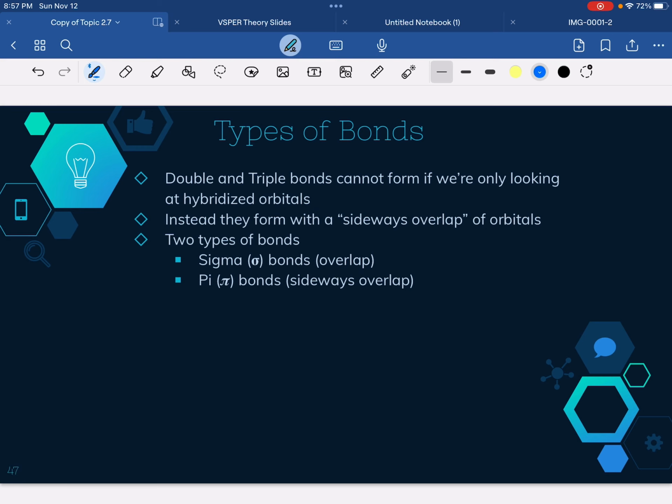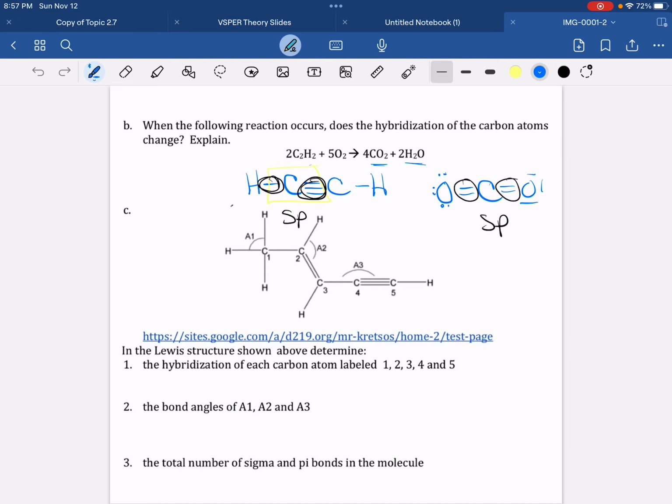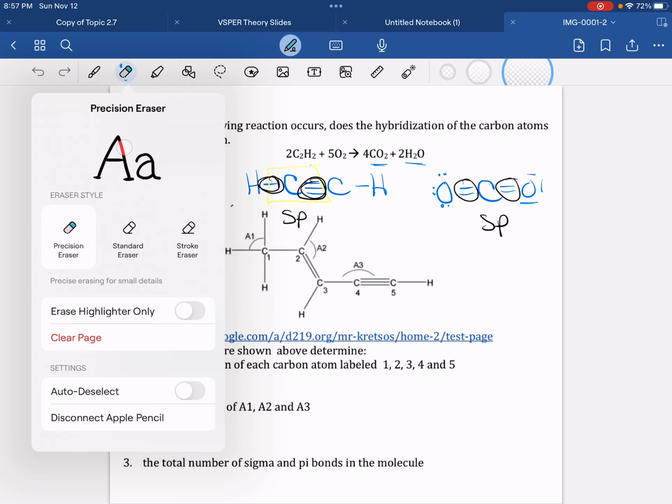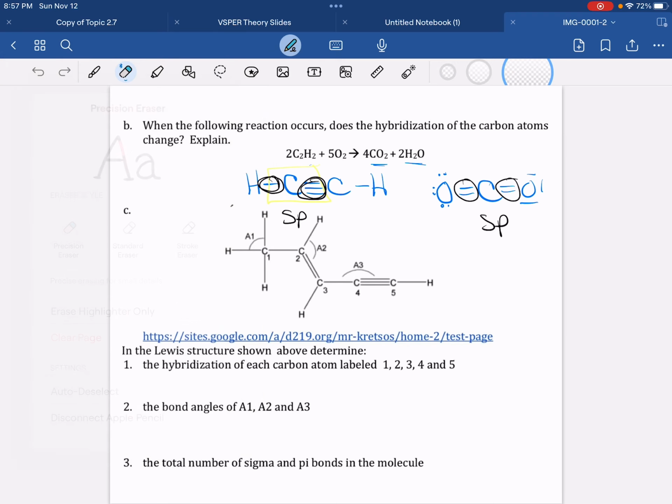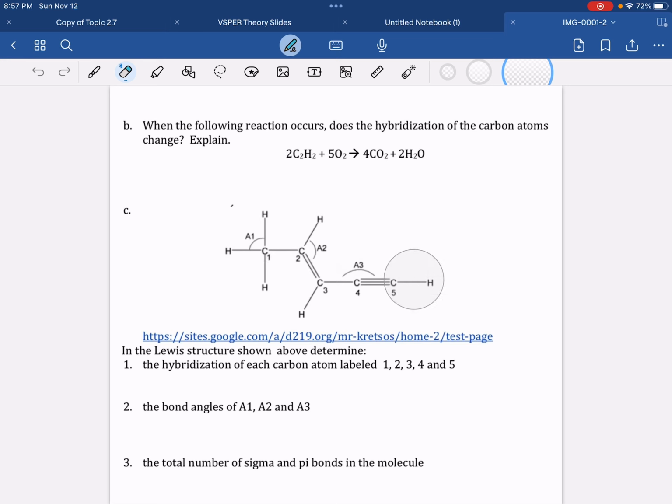All right, and so let me flip over here to this, which I forgot to erase, so hold on. When we look here at this molecule, we are going to talk about the hybridization.